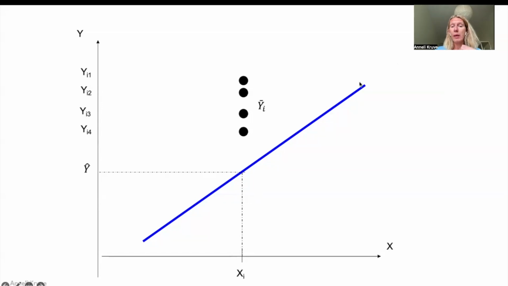The blue line indicates the linear regression itself that has been fitted to the data, not only to this point but to all points; we look only at one. We can furthermore add the mean estimate of the signal at this concentration level, this yi over here, which is the mean across all 4 individual measurement points.